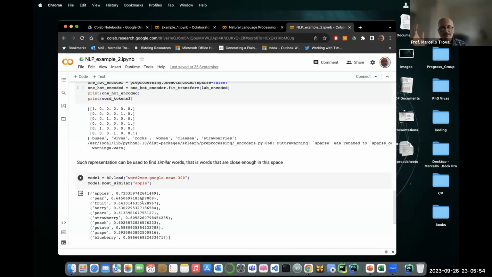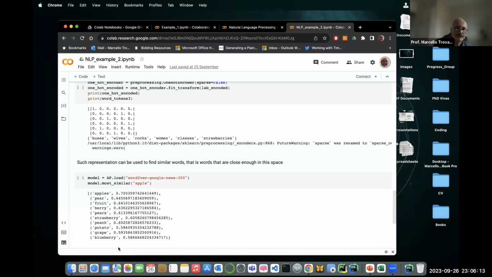One example might be the space of all the documents in the world, and all the documents that contain a specific word will have a specific position in this space.